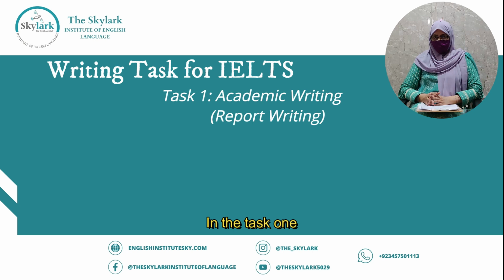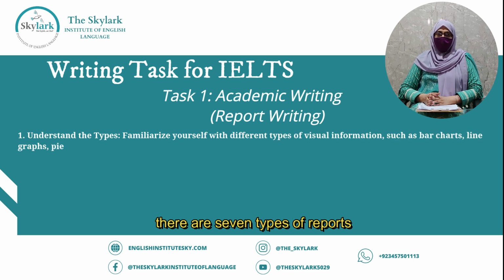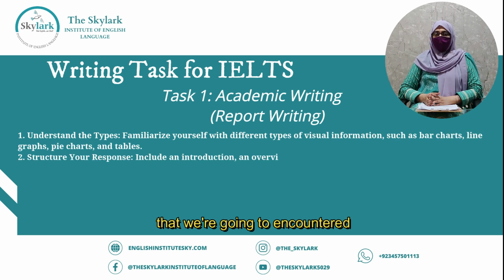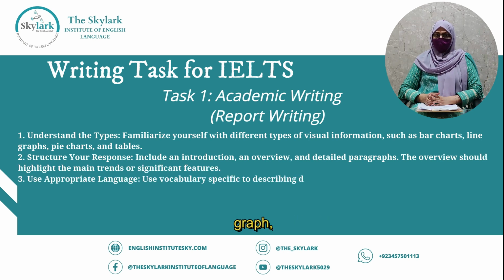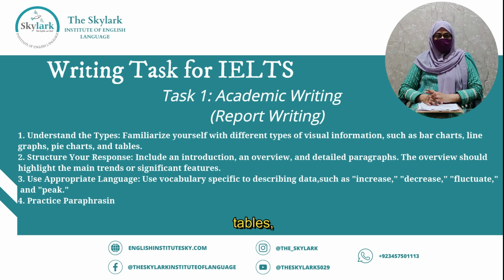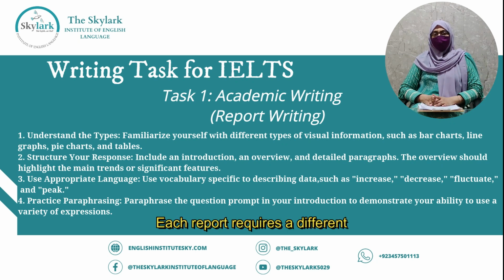Task 1, which is basically report writing for academic writers, has 7 types of reports that candidates of IELTS will encounter: graphs, tables, charts, diagrams, cycle, process, and maps. Each report requires a different structure to write it down.